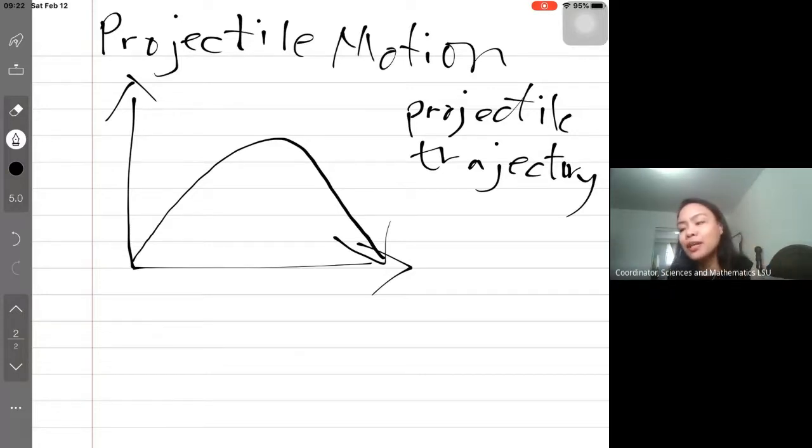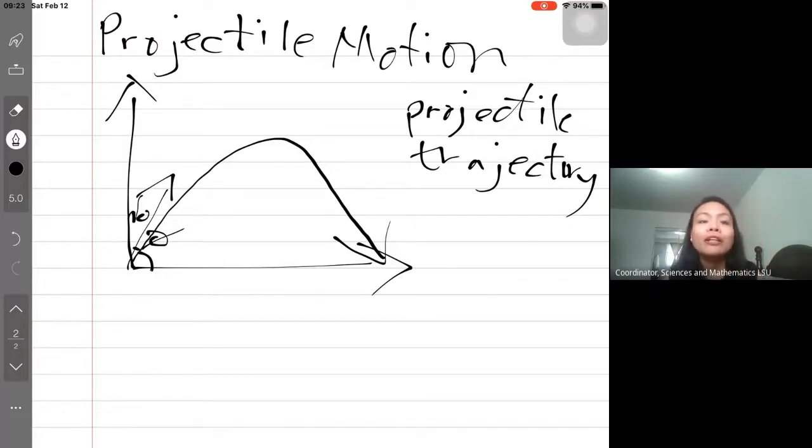Okay, so if we have a projectile, we are throwing our object at a certain angle. So we exert an initial velocity, V sub O, at a certain angle. Since velocity is a vector quantity, we can get the components of this vector quantity.